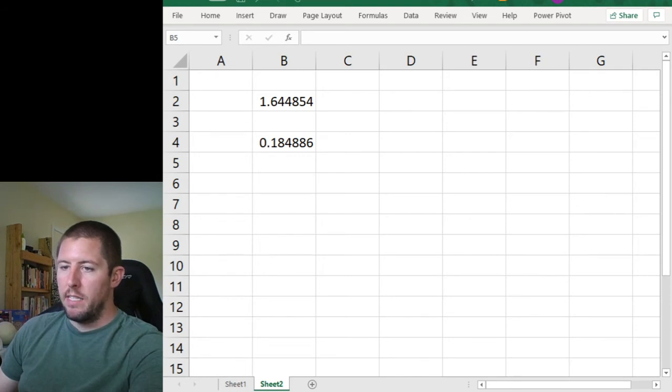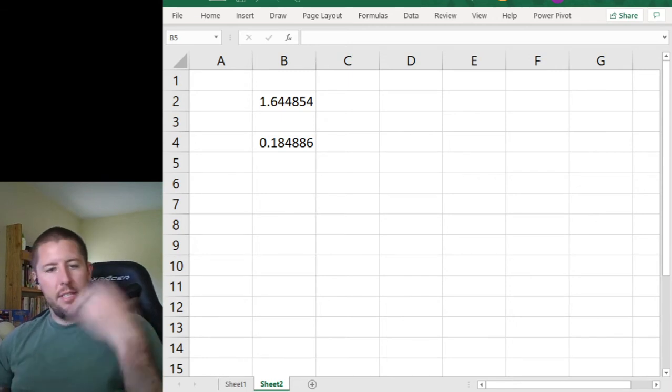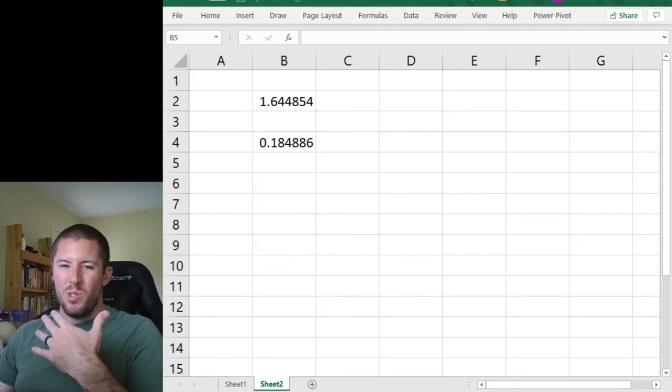And I'm doing some excessive rounding here, and you guys should stop rounding so much. But to say here about an 18.5%, that's almost a 20% chance, right?